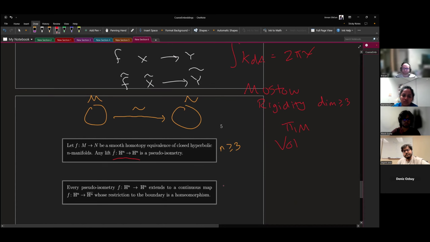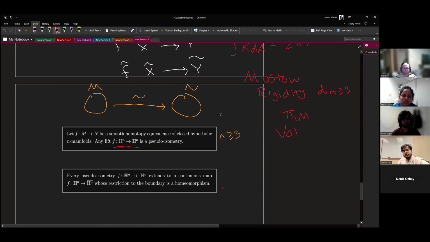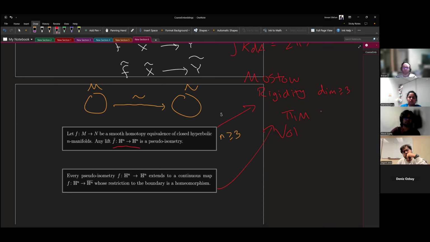And then the other piece that goes into Mostow rigidity is this. So Mostow rigidity, as stated, doesn't require talking about quasi-isometries at all. It just turns out the entire proof of it requires quasi-isometry because you start with a homotopy equivalence, you lift that to a quasi-isometry. You take that quasi-isometry and you lift, which is now on the universal covers.